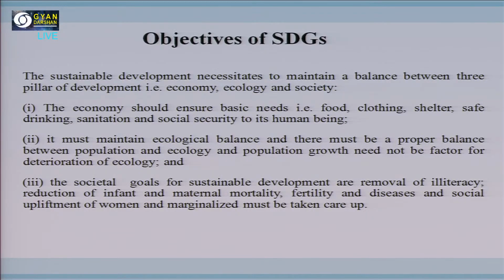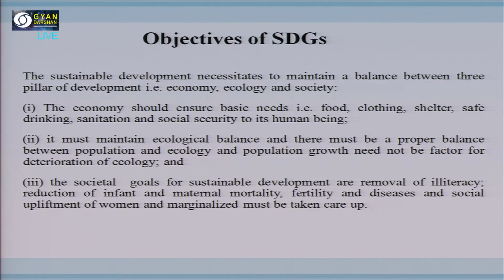So this says that the key components of sustainable development are economy, ecology and society. And if you see the objectives of sustainable development goals, the economy should ensure basic needs. What are the basic needs of the people? That means food, clothing, shelter, safe drinking water, sanitation and social security. For ecology, the proper balance between ecology and population.